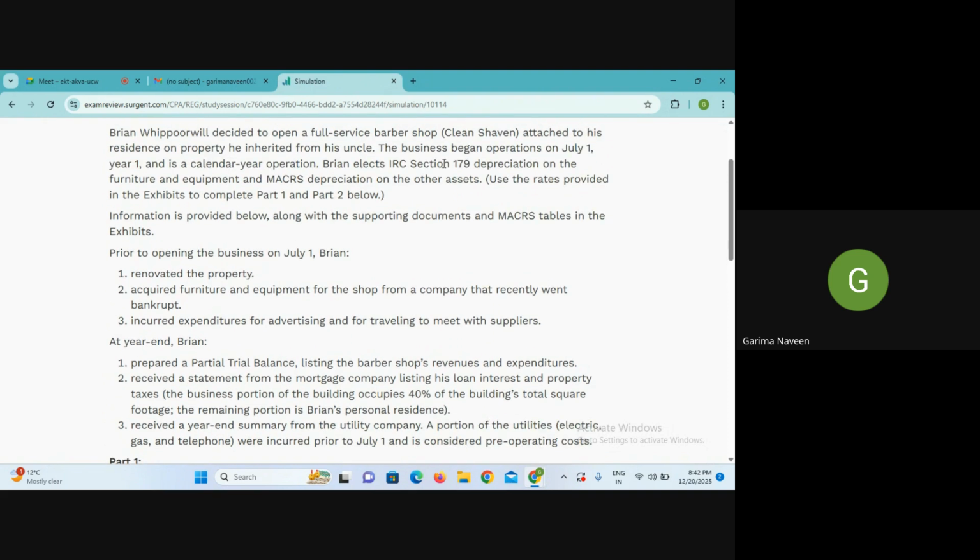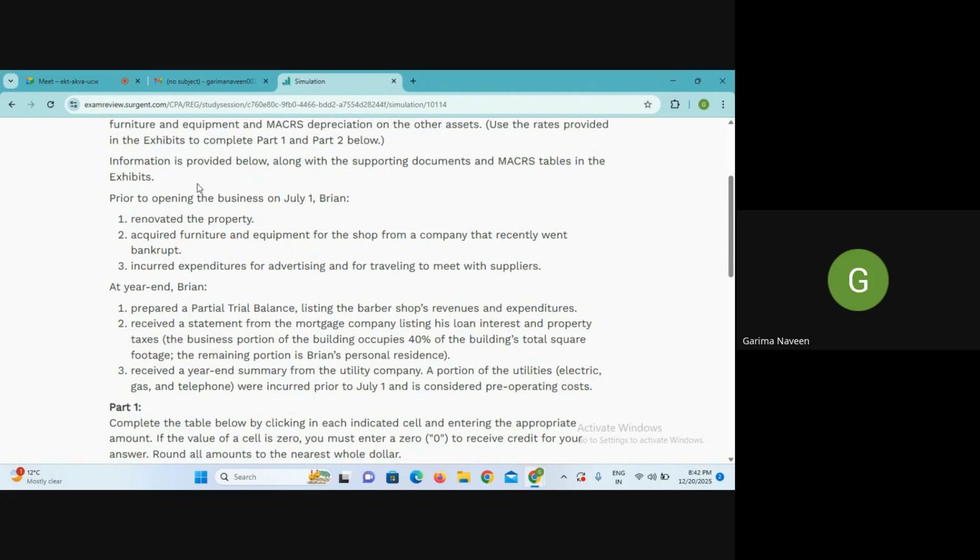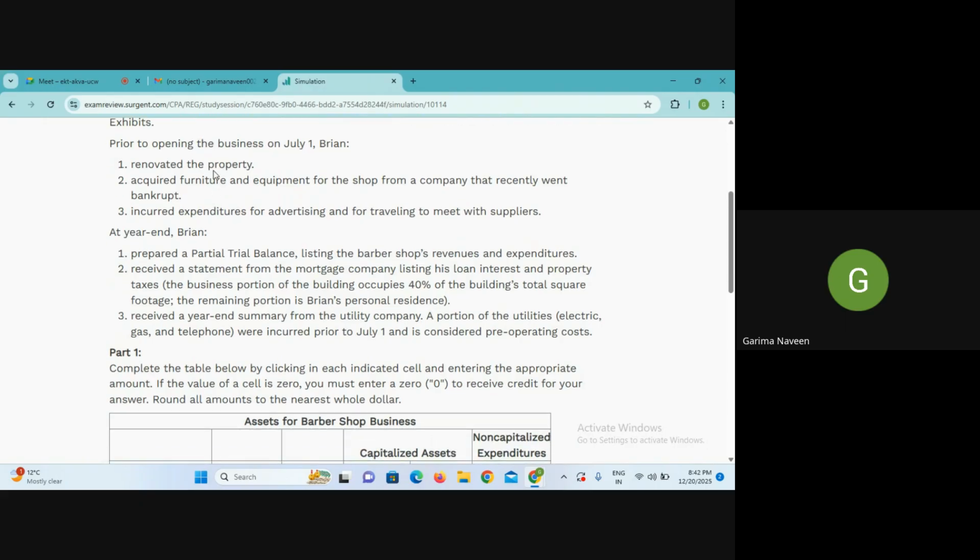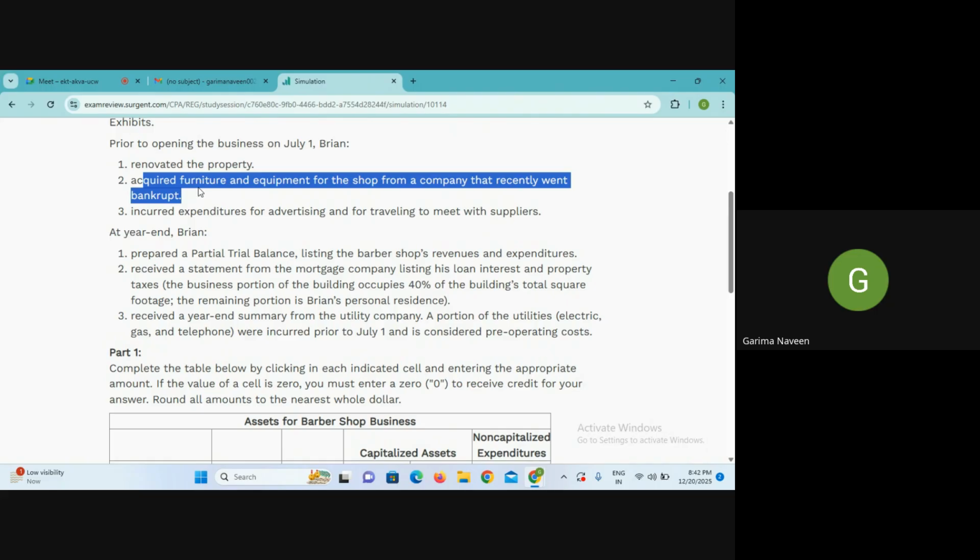Brian elected Section 179 depreciation on the furniture and equipment and MACRS depreciation on the other assets. Information is provided below along with the supporting document and MACRS table in the exhibit. Prior to opening the business on July 1st, Brian renovated the property, acquired furniture and equipment from a shop that recently went bankrupt, and incurred expenditure for advertising and for traveling to meet with suppliers.